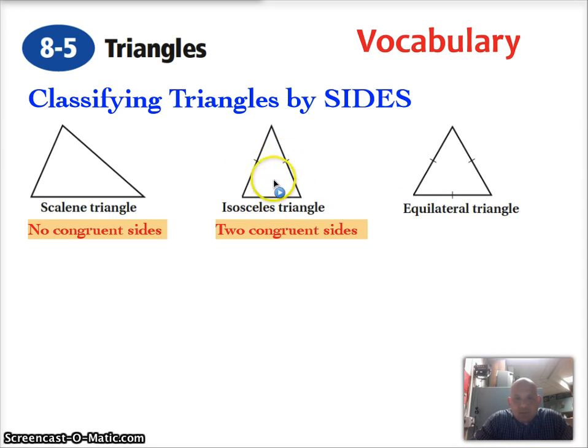Exactly two congruent sides. A third side is not similar in length to the other two. And finally we have the equilateral triangle, and by looking at these tick marks you can understand that all those sides are congruent. So the scalene, no congruent sides; isosceles, exactly two congruent sides; and equilateral, all three sides are congruent.